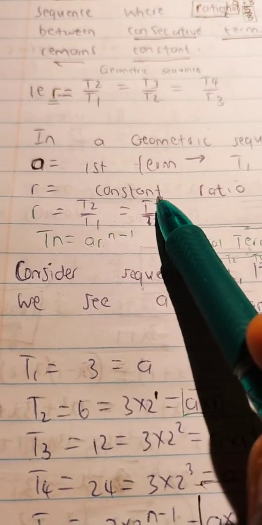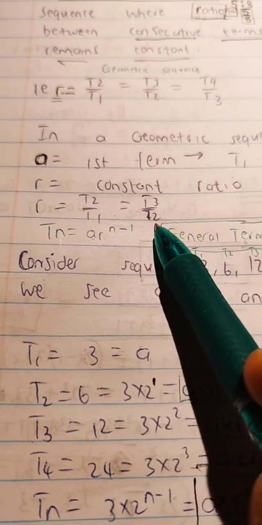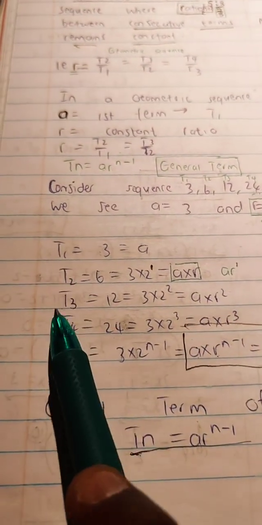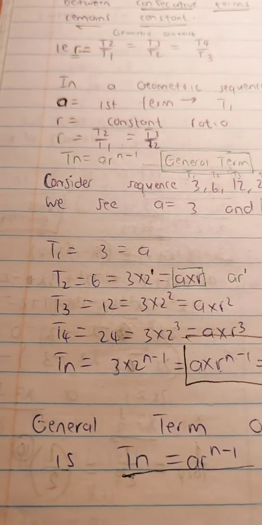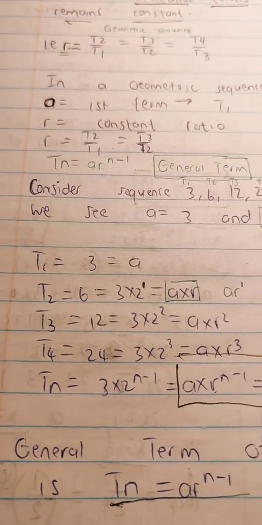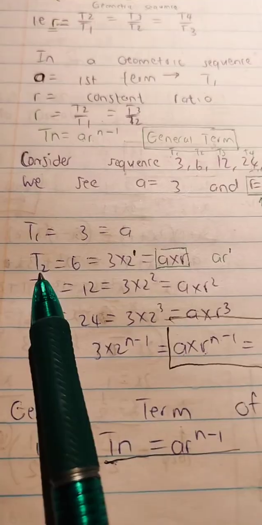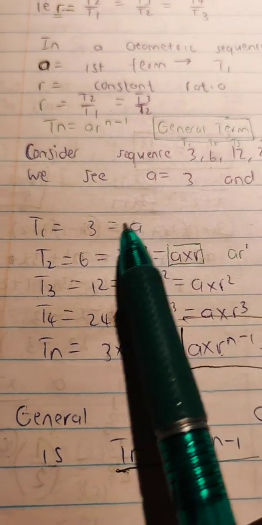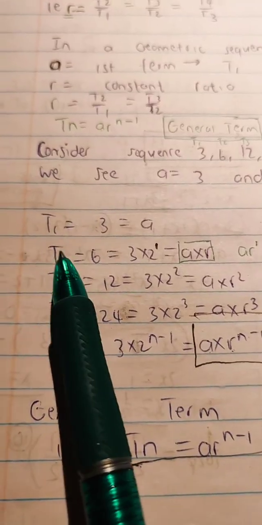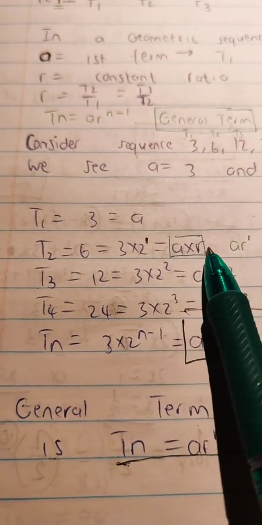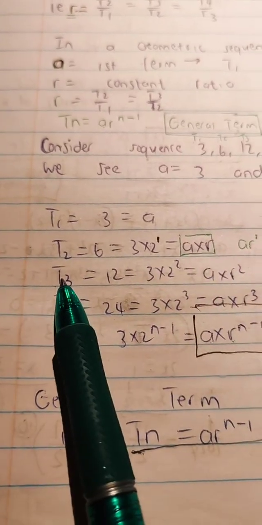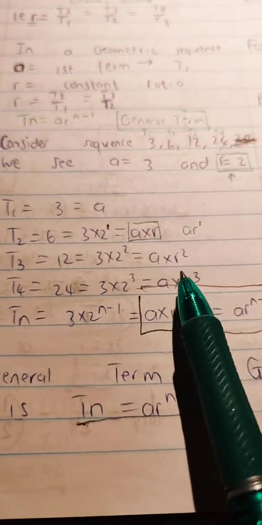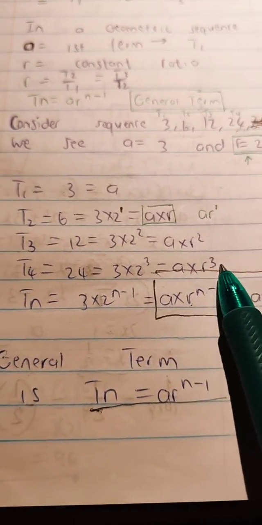All in all, we need to know how to express all terms in a geometric sequence in terms of A and R. Term 1 is A, term 2 is A times R, term 3 is AR squared, term 4 is AR to the power 3.